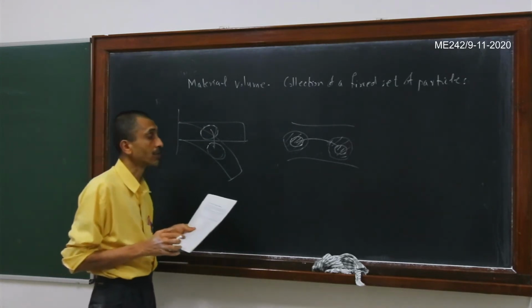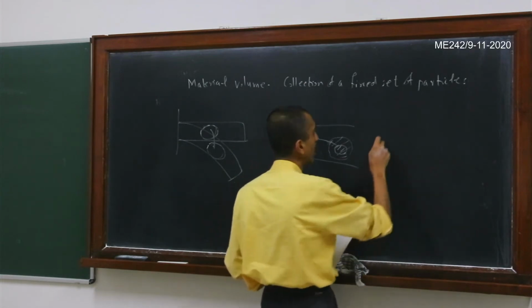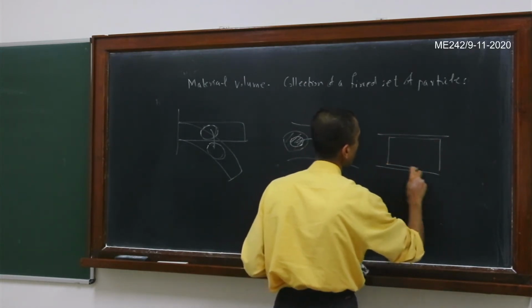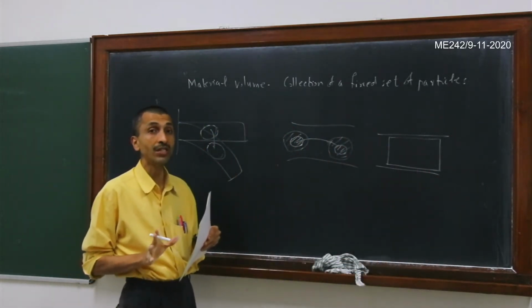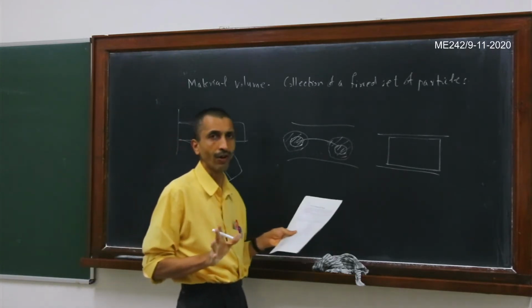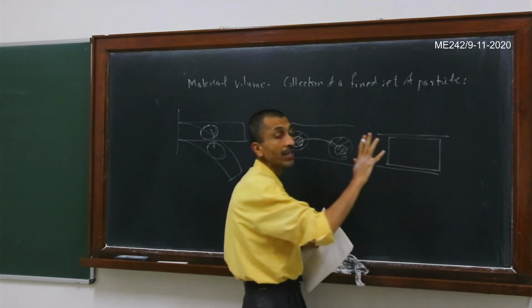Okay, so control volume is something that you will use very often in fluid mechanics. You must have already been introduced to the concept of a control volume. So control volume is a fixed region typically in space. Typically, I mean that can also evolve with time, but typically we take the control volume to be a fixed region in space.